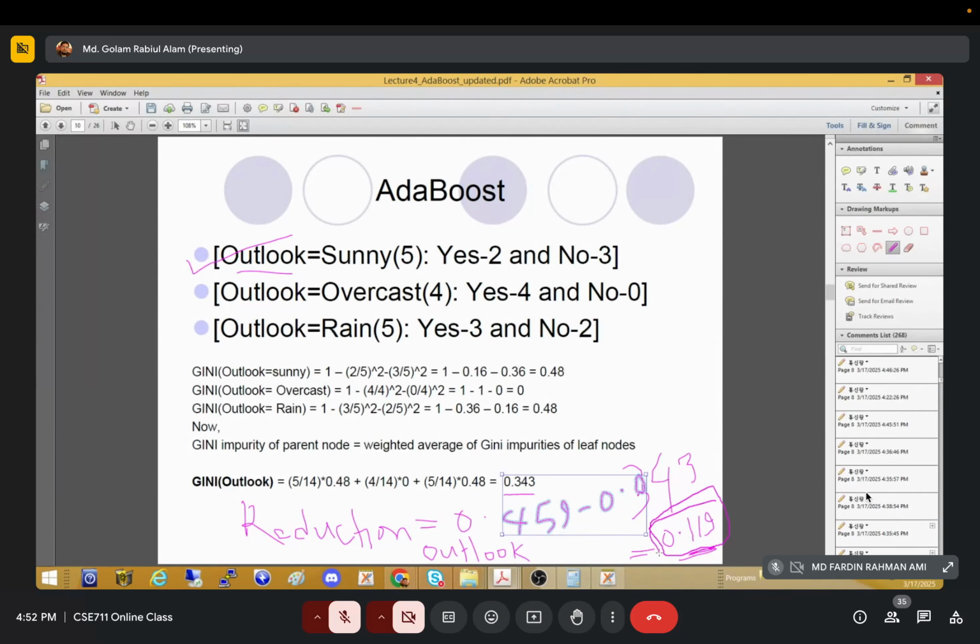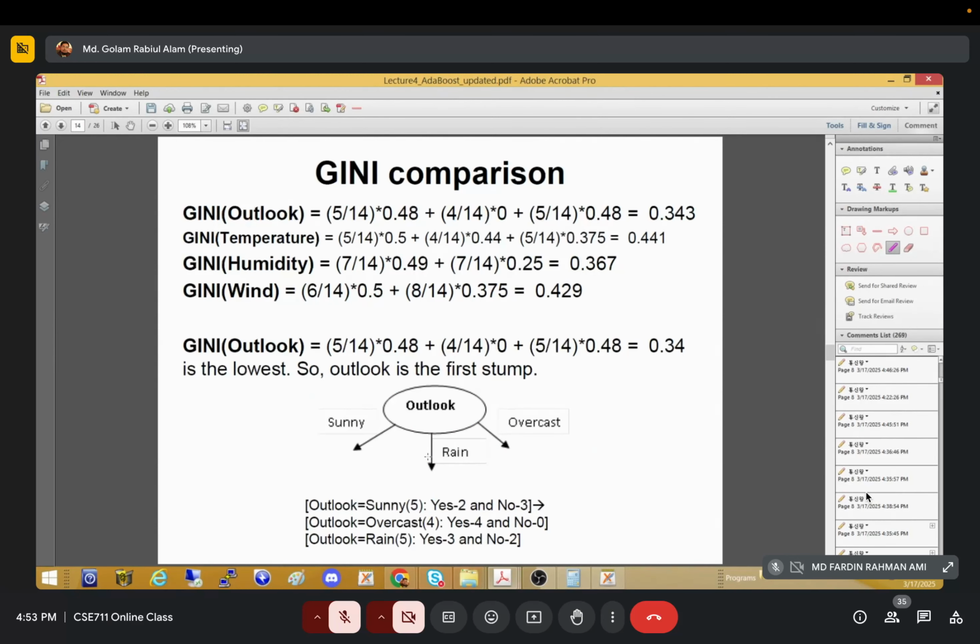It means that we have to construct the stump starting with outlook. That means in the parent node of our stump, we have to consider outlook.